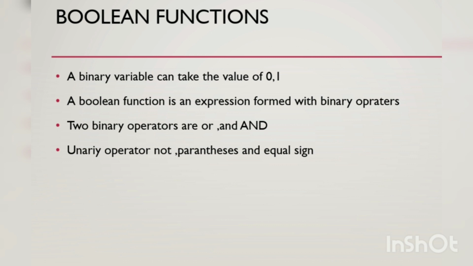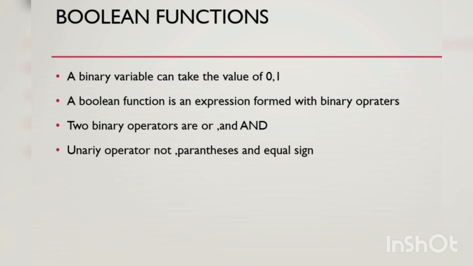A binary variable can take the value 0 and 1. A Boolean function is an expression formed with binary variables. The two binary operations are OR and AND. The unary operator NOT, parenthesis and equal sign. For a given value of the variables, the function can be either 0 or 1.